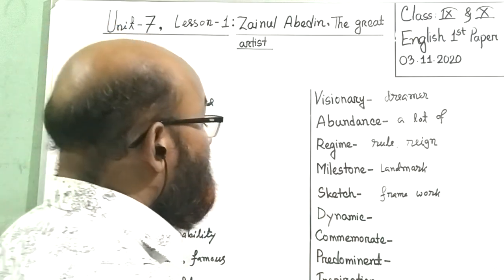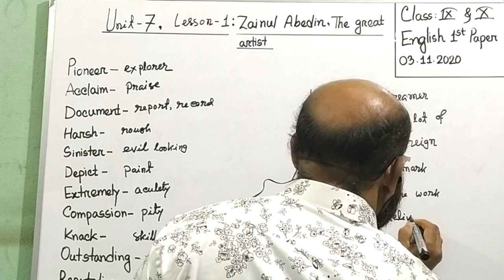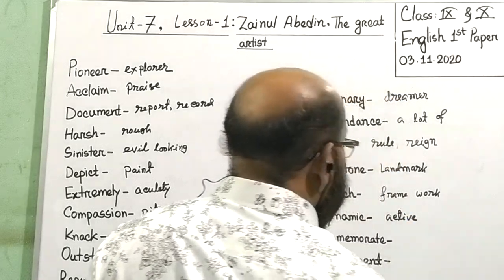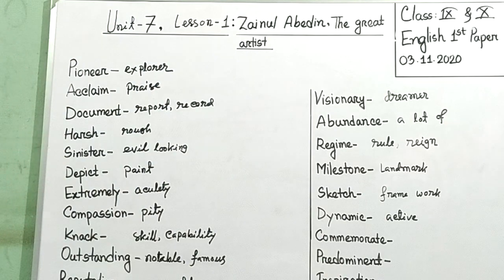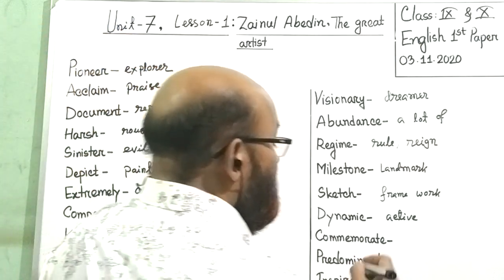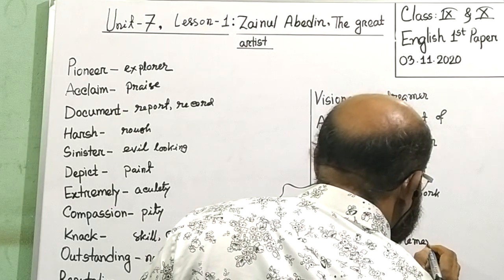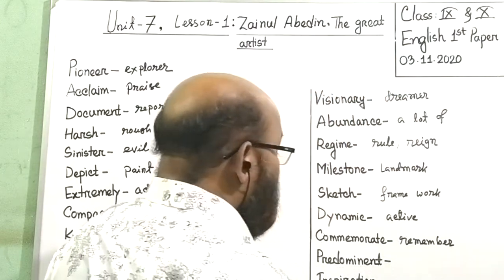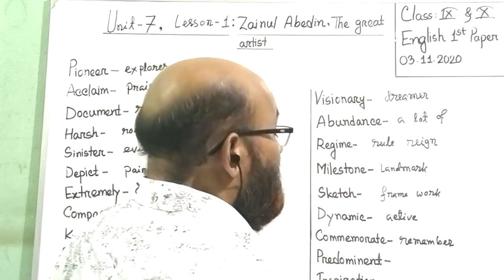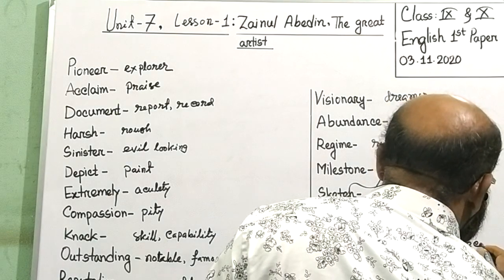Dynamic means active. Commemorate means remember or recollect.